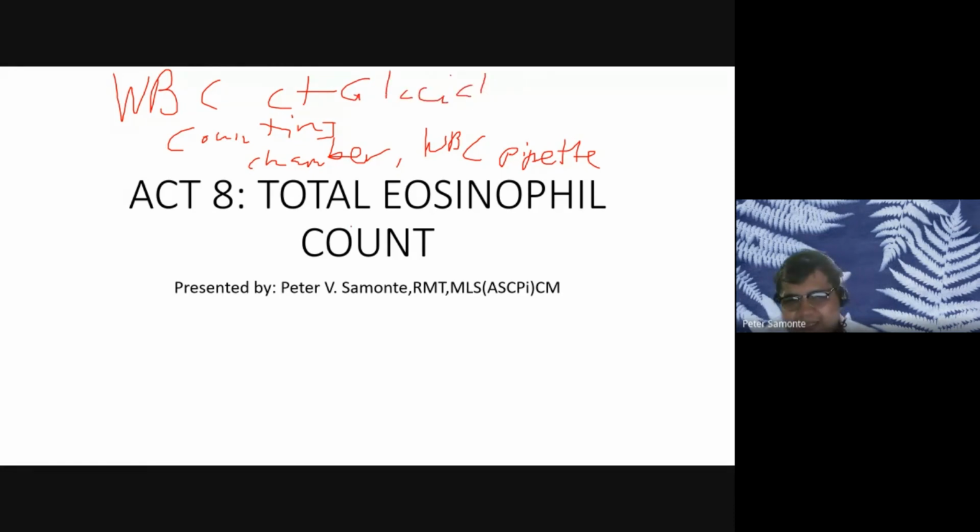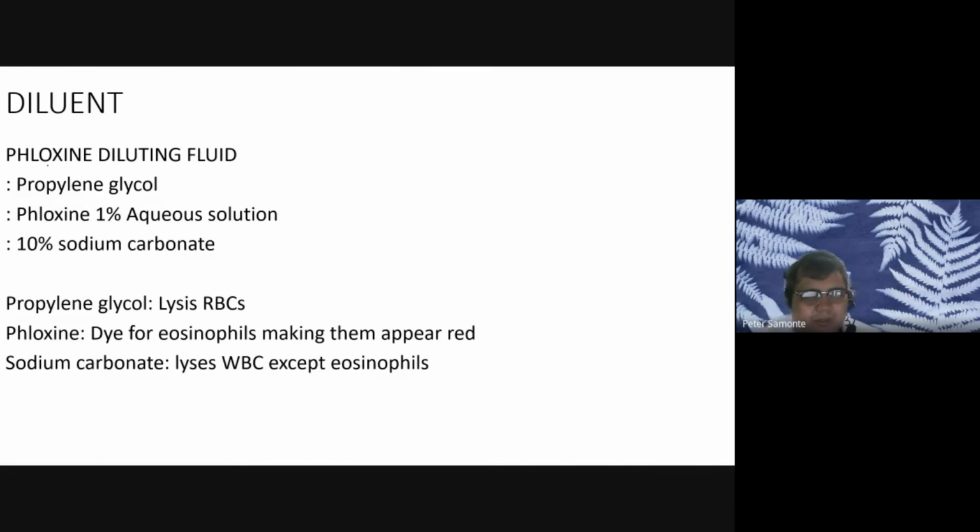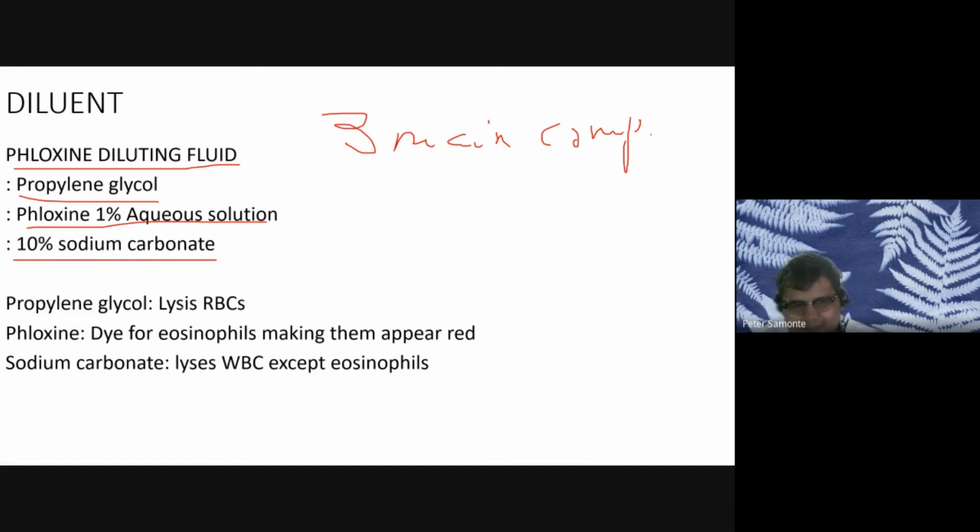So this time, class, you would have a different diluent in the total eosinophil count. So we have what you call the Fluxine diluting fluid. Now it has three main components. You have your propylene glycol, 1% Fluxine aqueous solution, and 10% sodium carbonate. Now, let's discuss their function. Your propylene glycol would lyse RBCs.